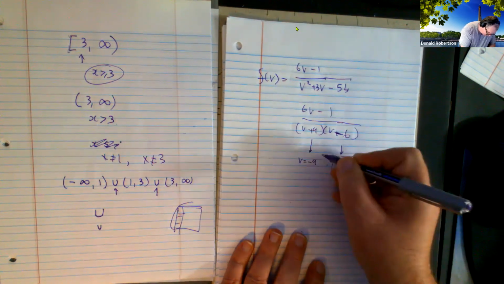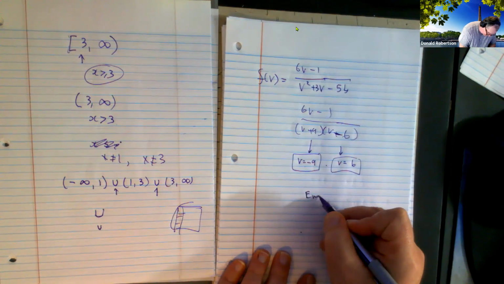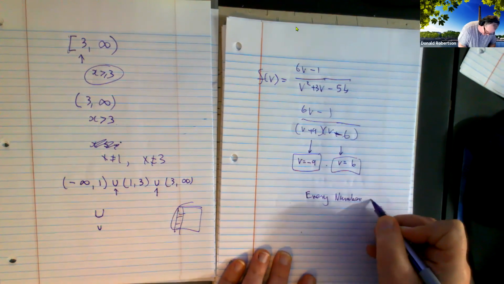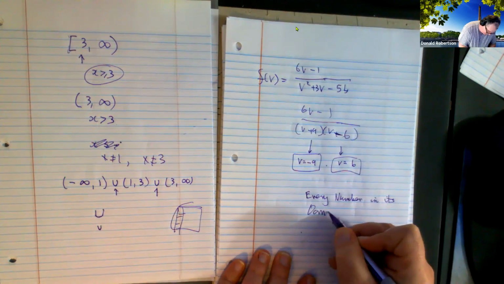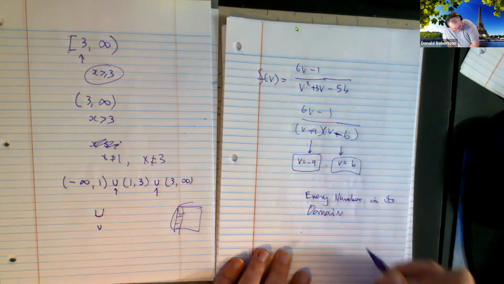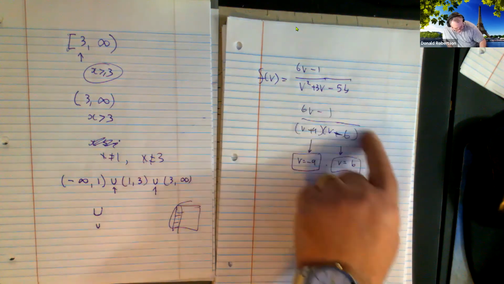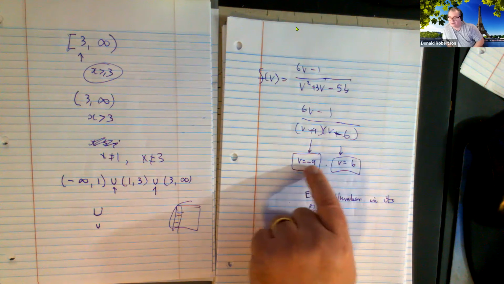Now, the way they get around that is by this phrase, that it's continuous on every number in its domain. So you have to go way back to 141. If I asked you for the domain of this function, it doesn't contain these 2 numbers, does it?